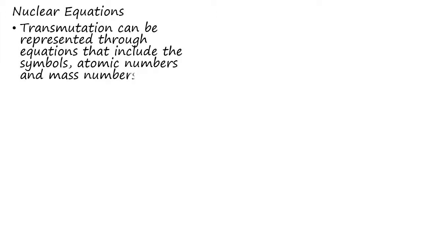So we can represent transmutation with nuclear equations. And we do that by representing these transmutation reactions with the symbols of the elements, the atomic numbers, and their mass numbers for both the nuclei and the nuclear emissions.